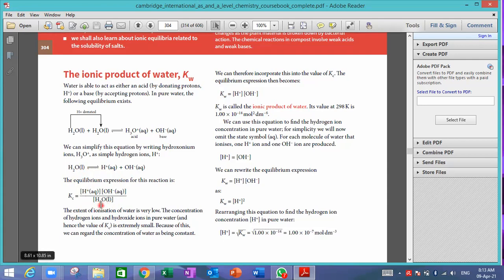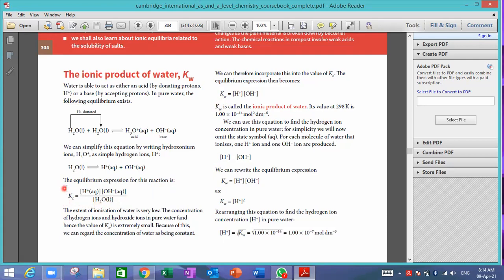So if we multiply the concentration of water, which is constant, by the Kc, which is the equilibrium constant, which means that it is another constant, then there will be a new constant that we are going to call Kw. Understand? When we take this water to the other side, then the concentration of water times Kc equals H positive times OH minus concentrations.